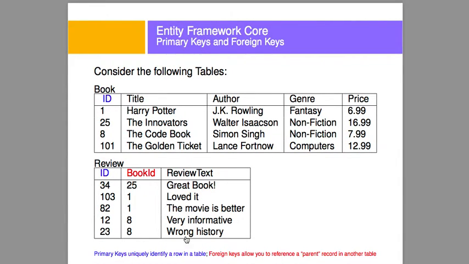Review 23 refers to one and only one review for book ID 8, which is the code book. Here, the book ID 25 refers only to this book. ID 8 only refers to this book.